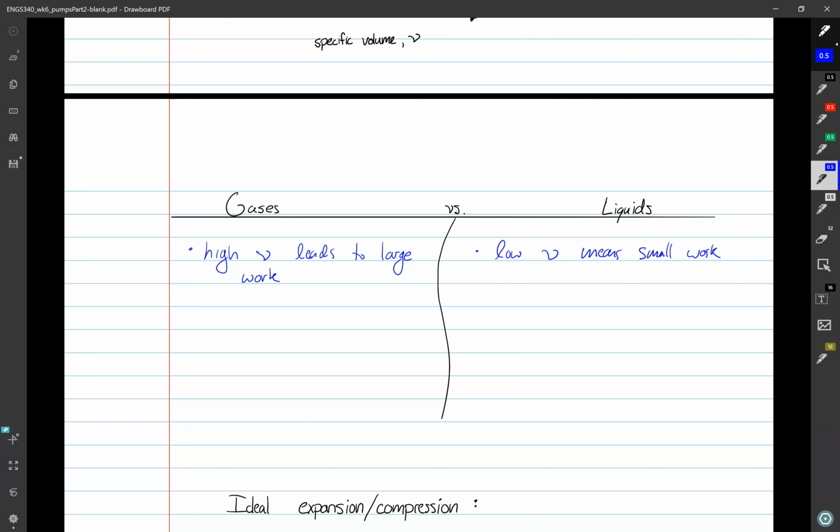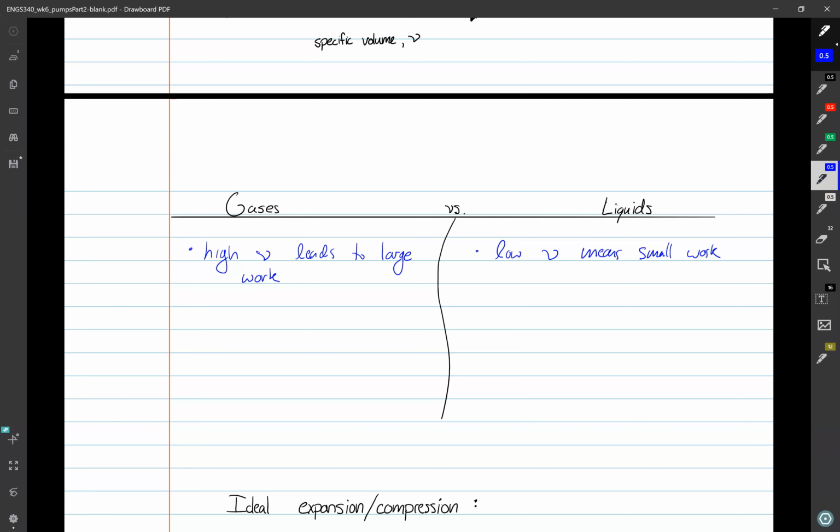Likewise, for Carnot, where we have a gas on both sides, the compression is done at lower temperature, which is a lower specific volume. The turbine expansion is done at high temperature, which is a higher specific volume, which is why we get more work out of the turbine than we put into the compressor.